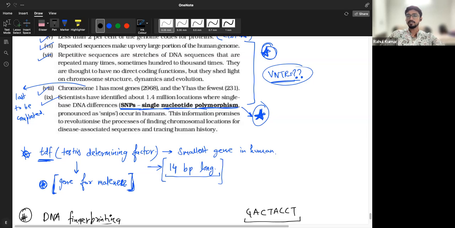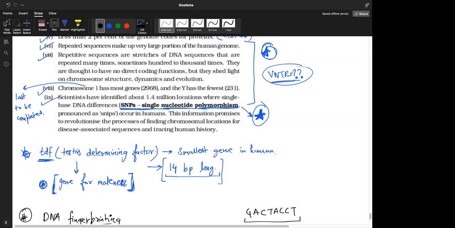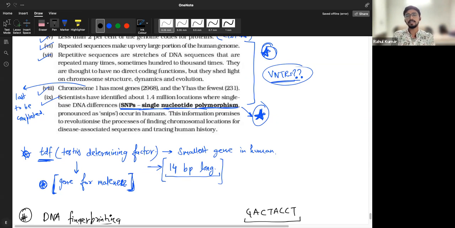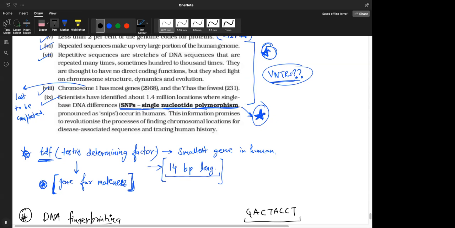So if there is a mutation in a coding sequence, that will affect the gene, yes or no? May or may not affect the gene. But if there is a mutation in the non-coding sequence, will it affect anything in the body? No, it will not affect anything, right? Because it's not coding.